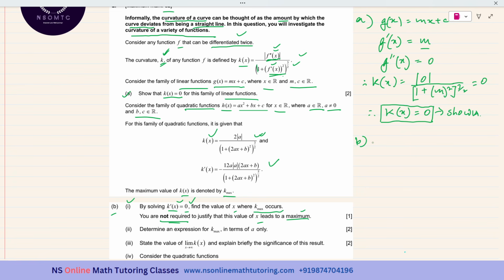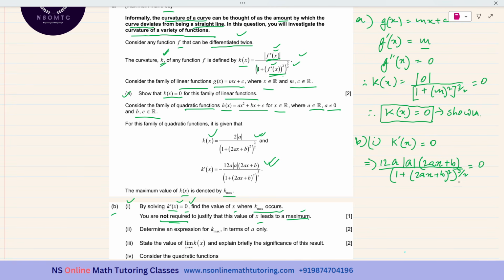So k prime of x equal to 0 implies we'll be taking this expression: 12a times the absolute value of a times 2ax plus b, over 1 plus 2ax plus b whole squared, raised to the power of 5 over 2.